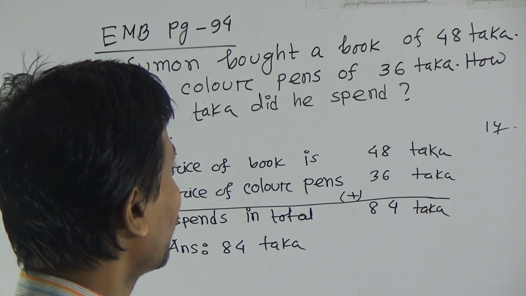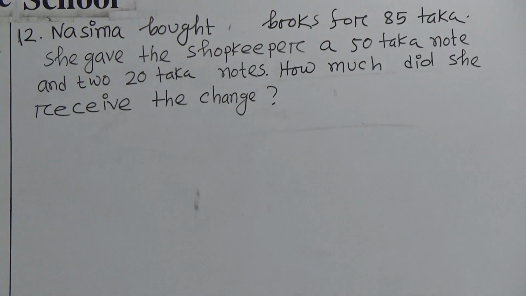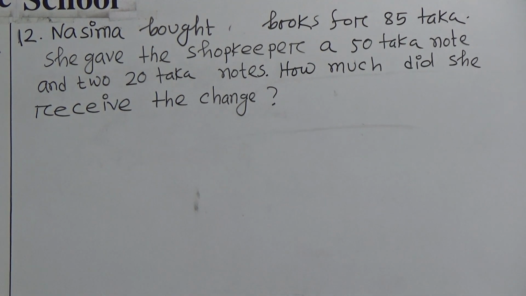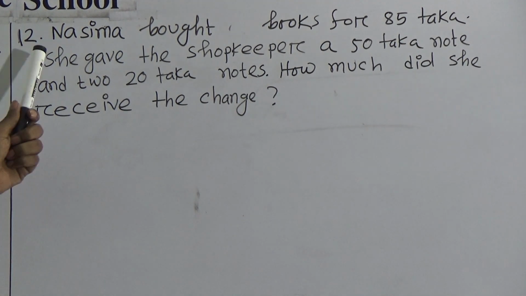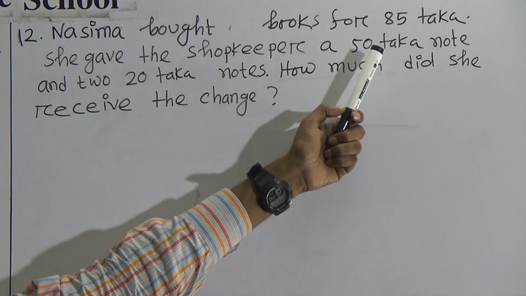Now I will solve question number 12, which is taken from your book, page number 94. At first you read the question. This question is very important for you. Nasima bought books for 85 taka.